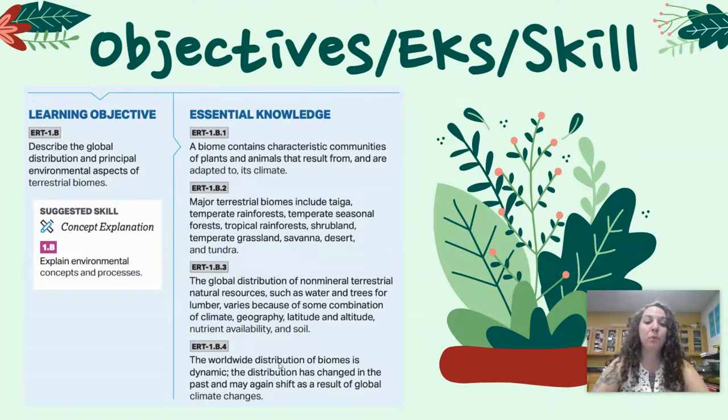They are able to move around a little bit, shift a little bit because of global climate change. And then we've got our skill at the end here, which is going to be, once again, explain environmental concepts and processes.